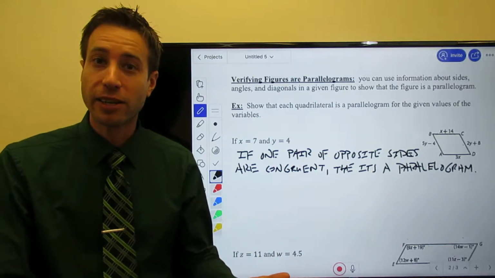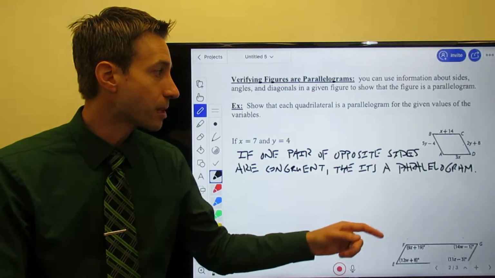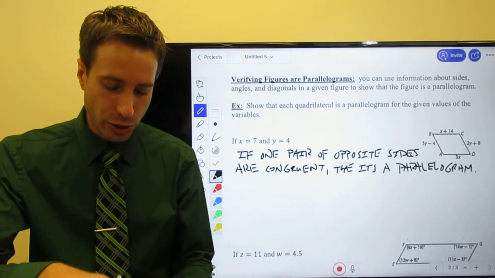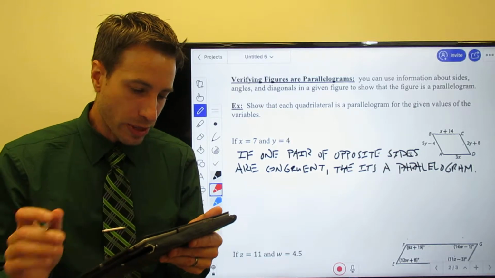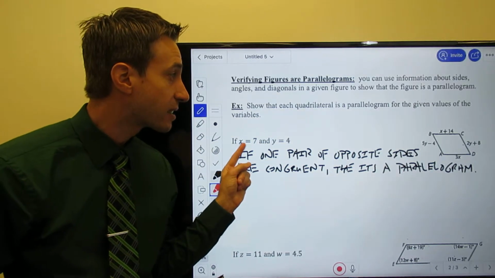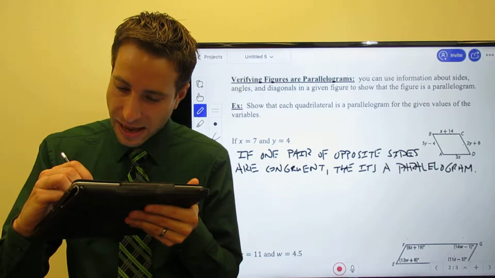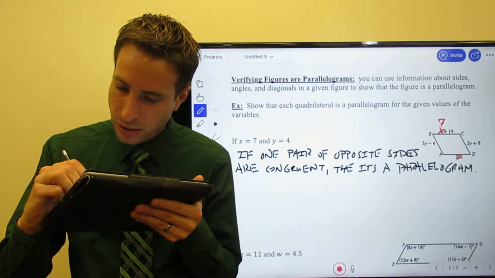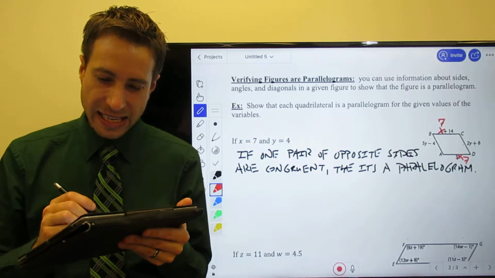Bust out a calculator. Don't fat finger something on your calculator when you plug in the values I've given you. Everywhere I have an X, I'm going to plug in a 7.